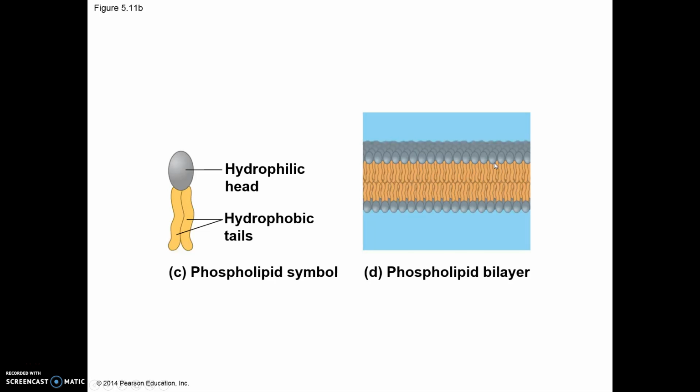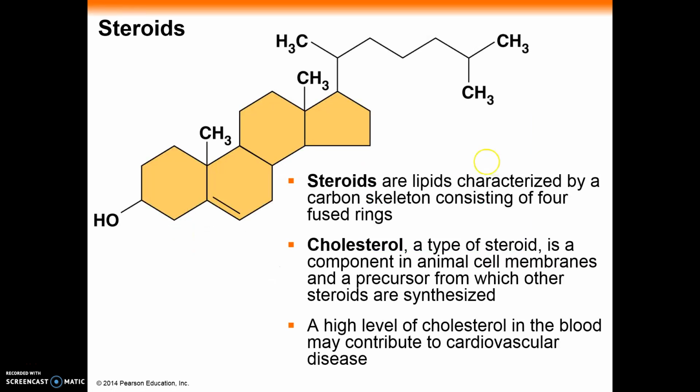The third group of lipids is steroids. Steroids do not seem to look at all like fatty acids, and you may think, well, how are we including them in the same group? Well, again, they tend to be mostly hydrophobic, so that is part of the linkage.